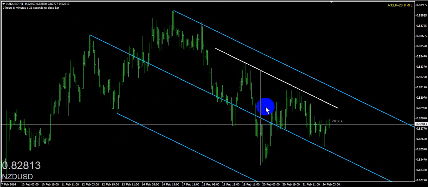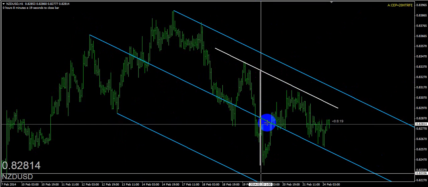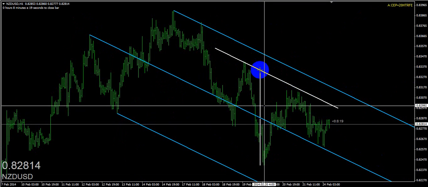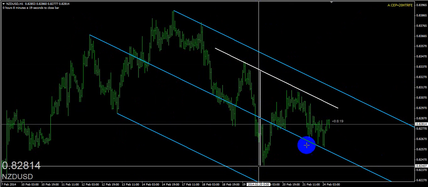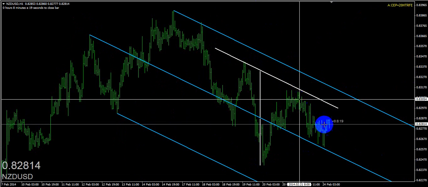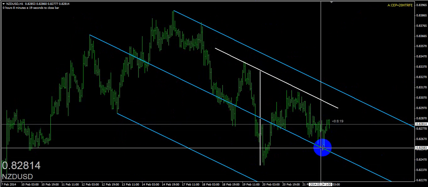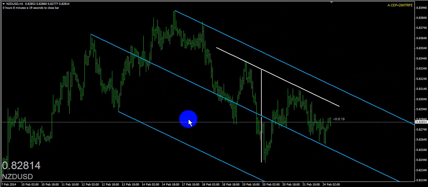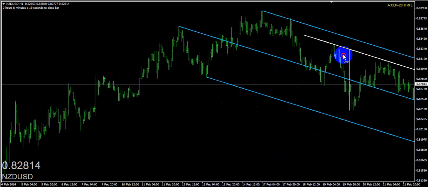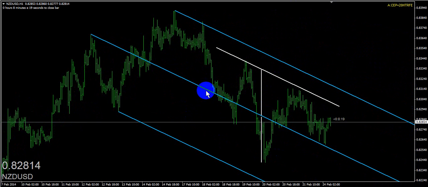For the New Zealand dollar US dollar, a symmetrical pattern forming here, as above so below, and got some action to the downside. We might be able to draw in a new fork here. Let me check.